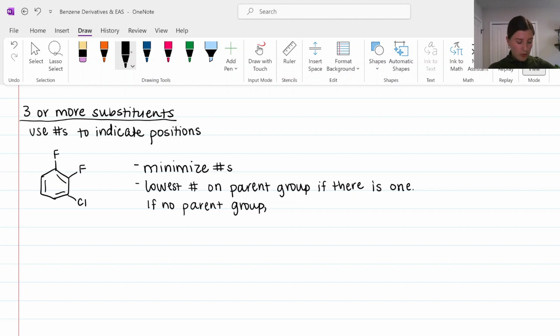If there is no parent group, put the lowest number on the substituent that comes first alphabetically, just like we did above.